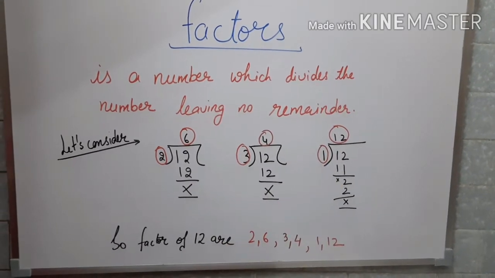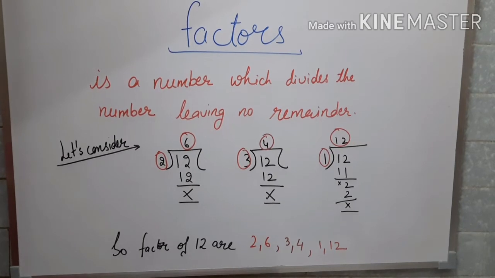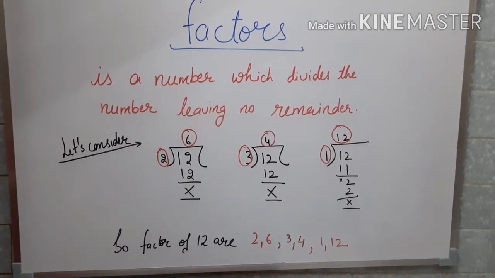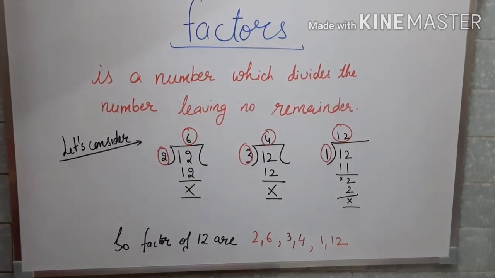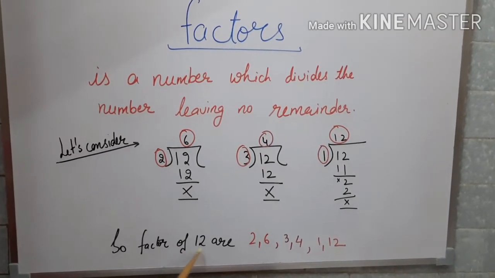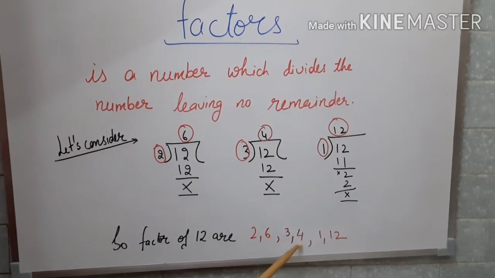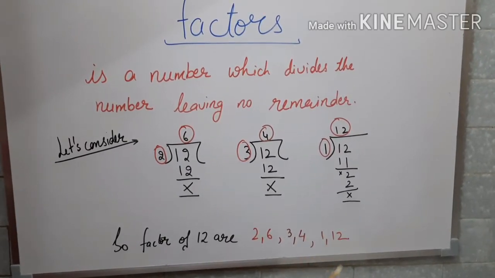Whatever number you consider, if I take 30, 1 is also a factor of 30. If I consider 250, it is also a factor of 250. So the factors of 12 are 2, 6, 3, 4, 1, 12.